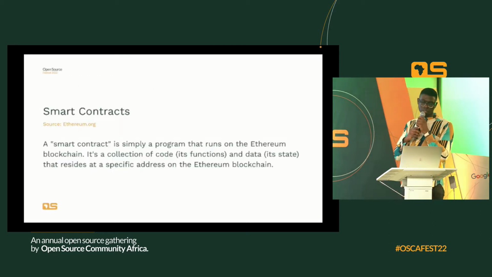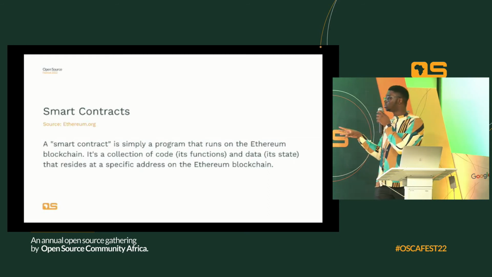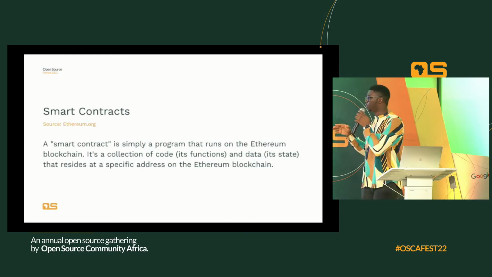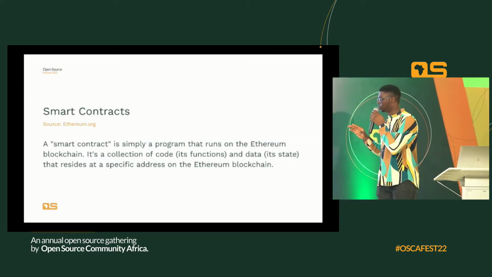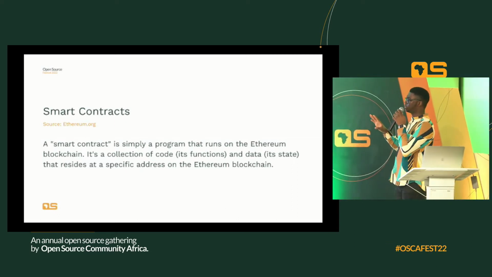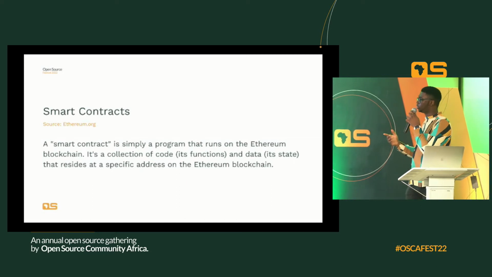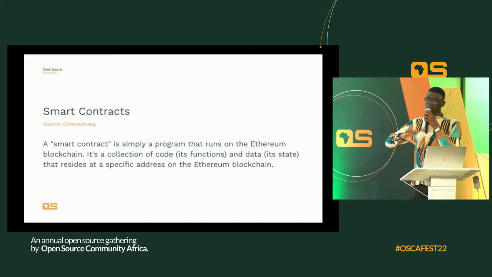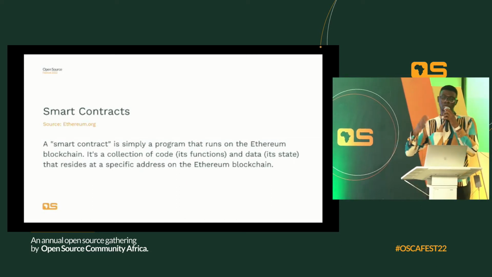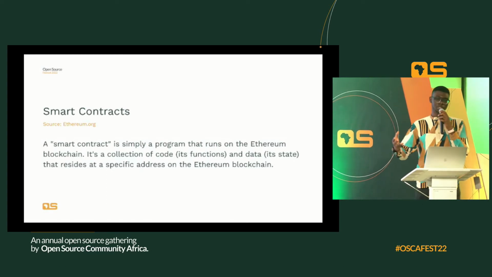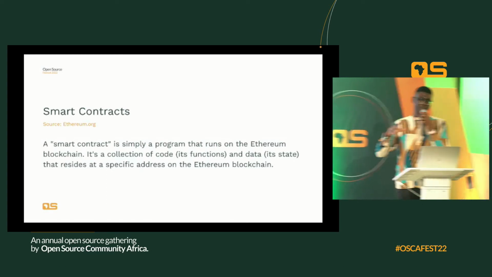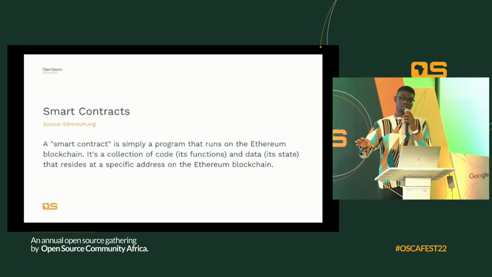So the last bit is smart contracts. We'll mostly be talking about this in respect to building web applications, Web3 decentralized applications. So a smart contract is basically a program that runs on the Ethereum blockchain. It's basically a bunch of code that has been pre-written and that currently lives on the Ethereum blockchain.